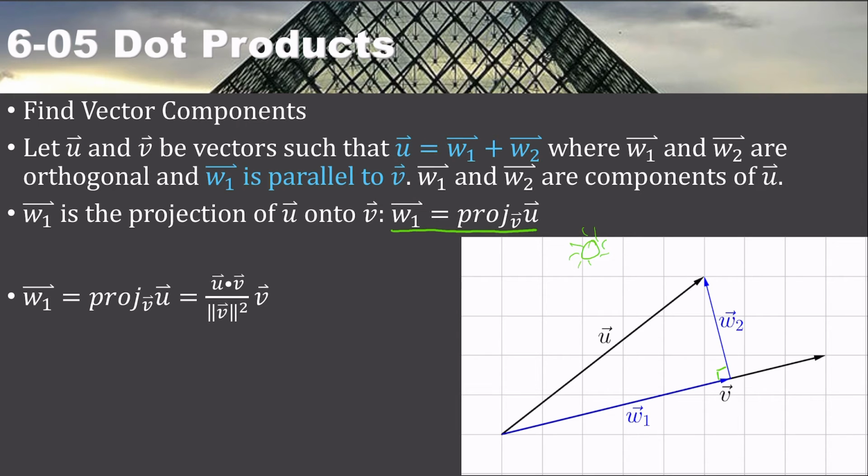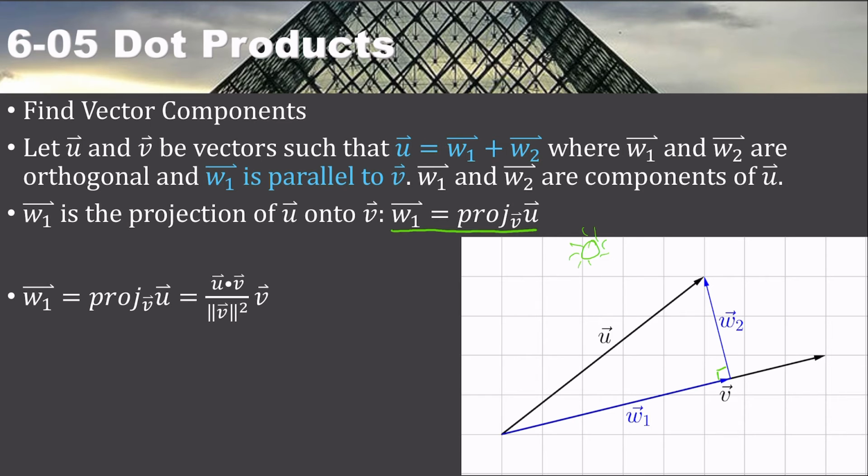All right, so how do we calculate that? Well, we calculate the projection by a dot product, u times v, divided by the magnitude of v squared, times v. Like, wow, how in the world does that work?